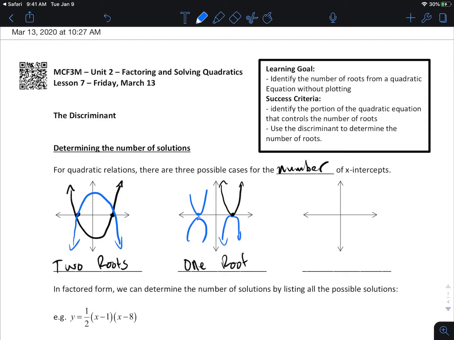Seth, where is it located? On the x-axis. Yes.